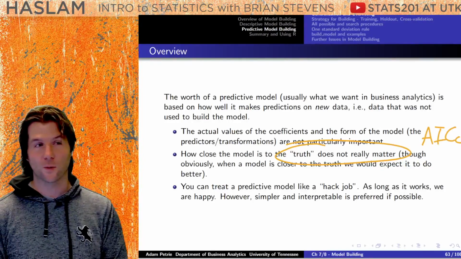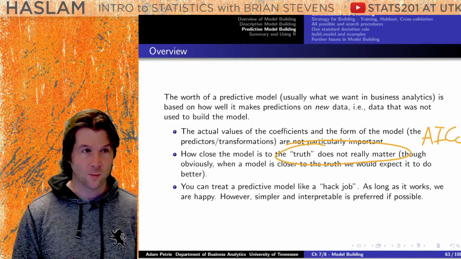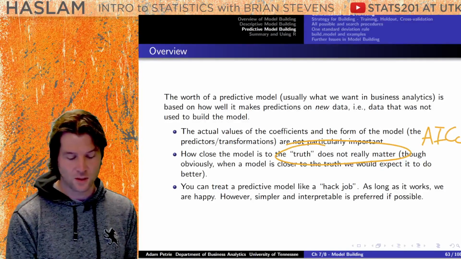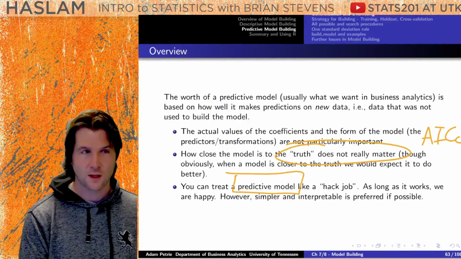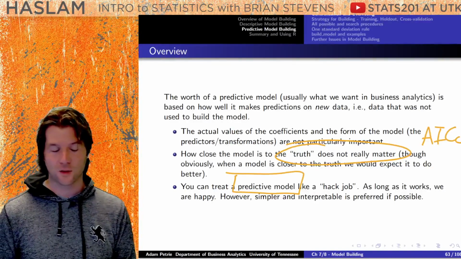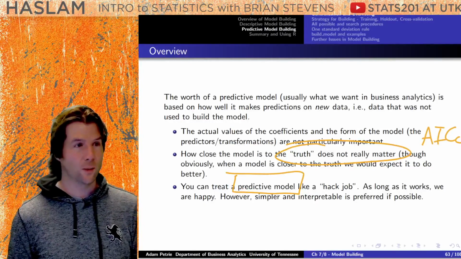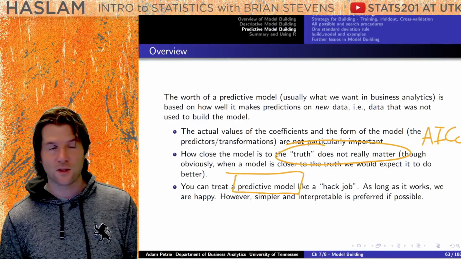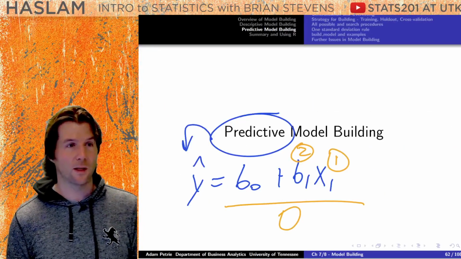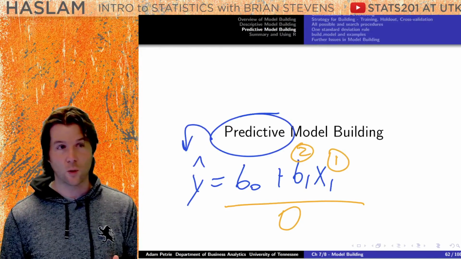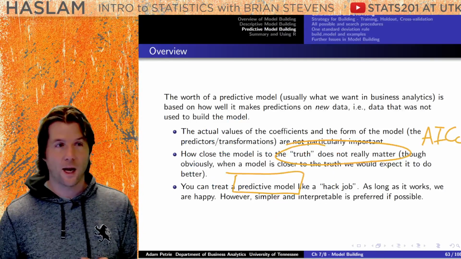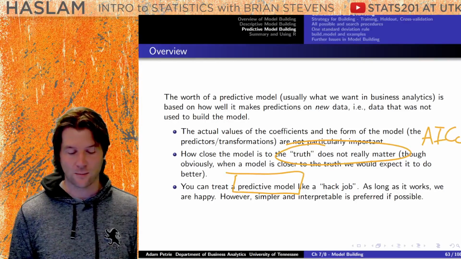That's a measure we use for descriptive modeling. Here in predictive modeling, it's going to be about predictions. It doesn't really matter how we get them, but how close the predictions are and how well we predict is going to matter. AIC focuses more on the descriptive model and how close we are to the actual true coefficients for the model, rather than how the predictions are actually doing.